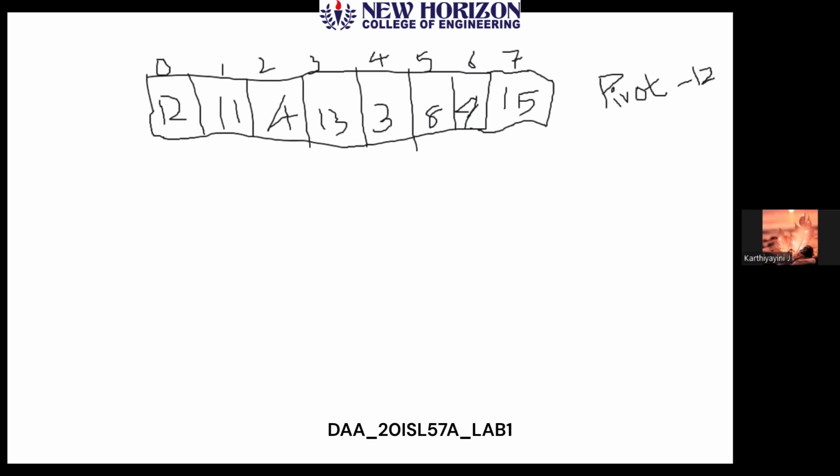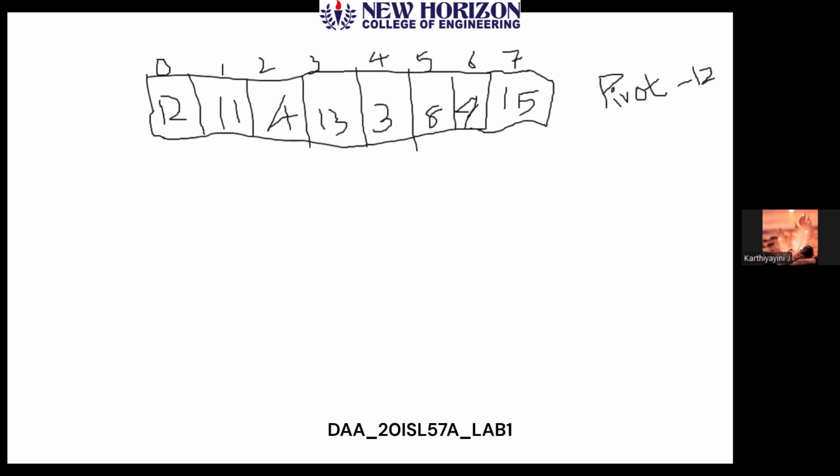So what about the remaining elements, ma'am? If you keep this 12 here, the elements on the left-hand side of this pivot element will be lesser than 12 and the right side will be greater than 12. Maybe 13 and 15 will be on the right side, but whether they are arranged in ascending order, we can't say.